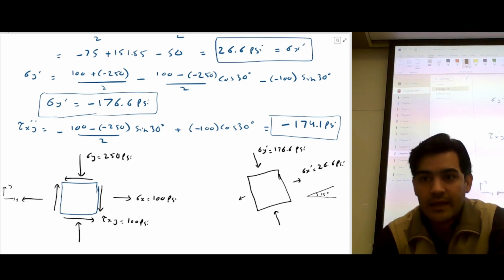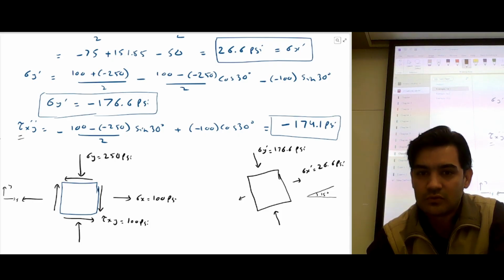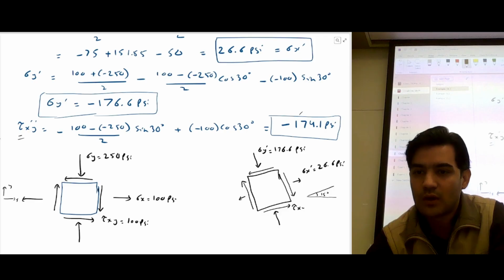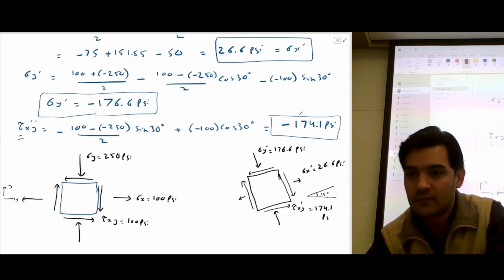And you have a shear stress also, which is negative, so I'm going to do this clockwise rotation, and this tau xy prime updated is 174.1 psi.